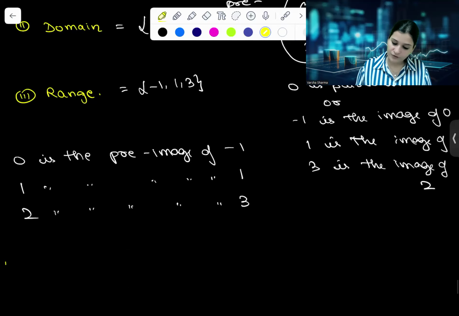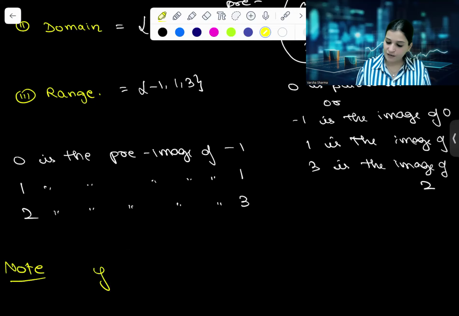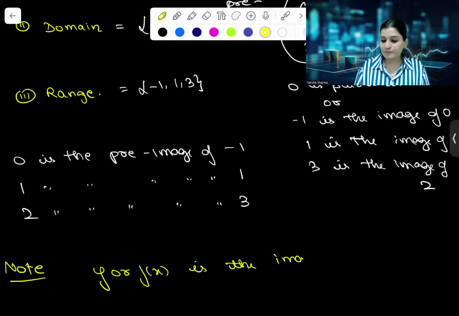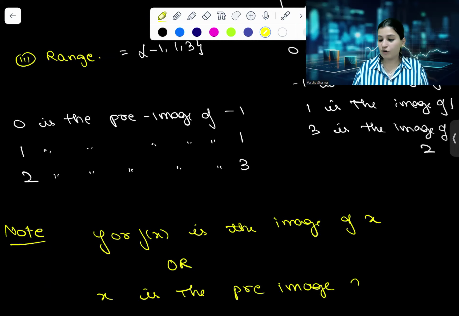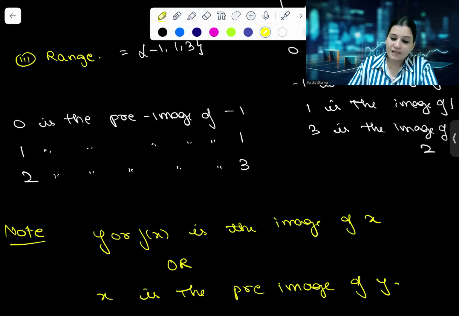So note, we say that y or f(x) is the image of x, or x is the pre-image of y. The word pre-image is used for values of x. The word image is used for the values of y or f(x). Is it understood? Yes, ma'am.